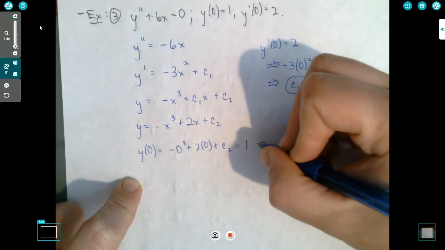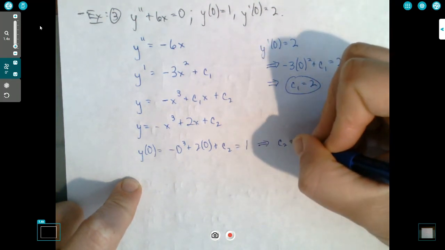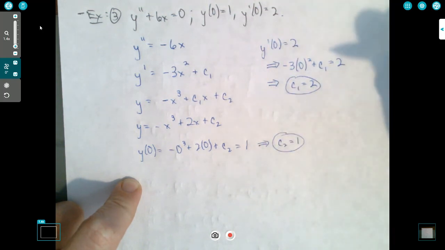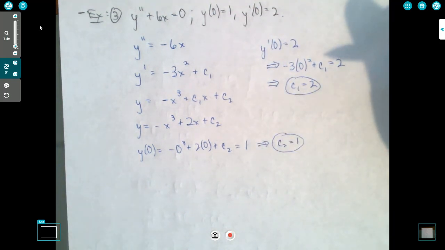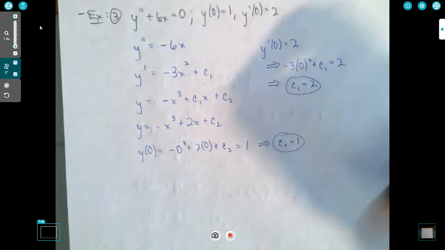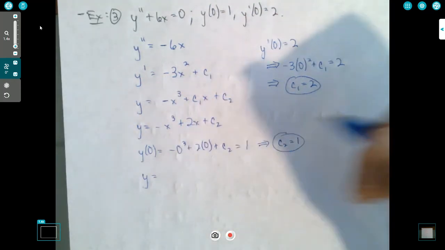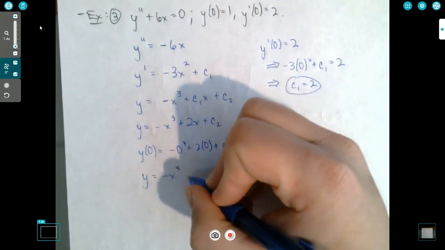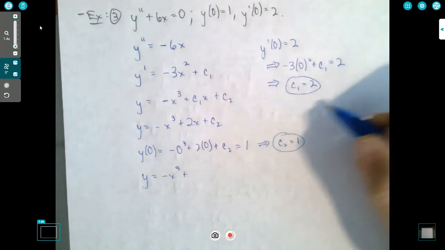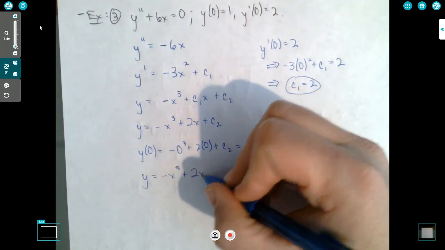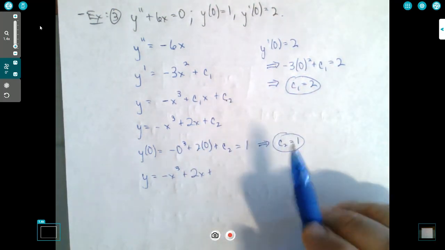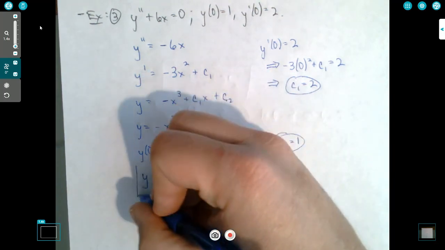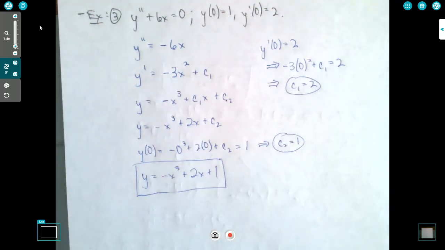Which implies, of course, that C2 equals 1. Putting it all together then, y equals negative x cubed plus C1x, so that's 2x, plus C2, so that's 1. And there's the solution to our initial value problem.